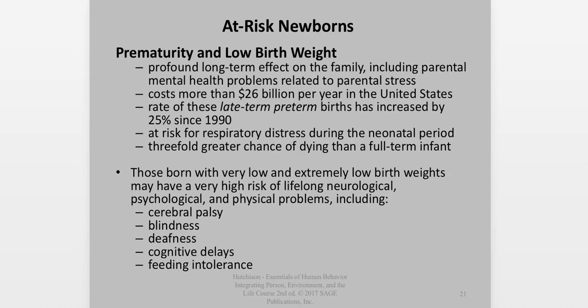The estimates are about $26 billion per year in the United States alone because of issues regarding prematurity. The rate of these late-term preterm births has increased by 25% since the 1990s. Neonates who are born early are at risk for respiratory distress and have a threefold greater chance of dying than a full-term infant does.